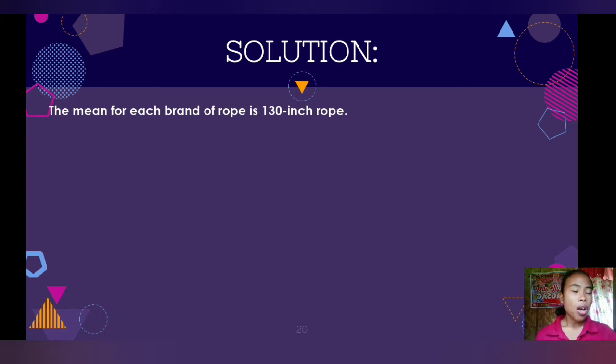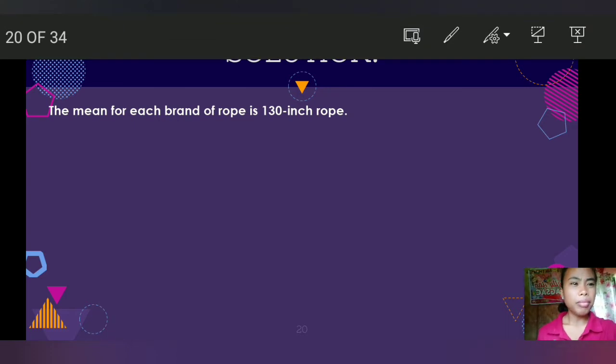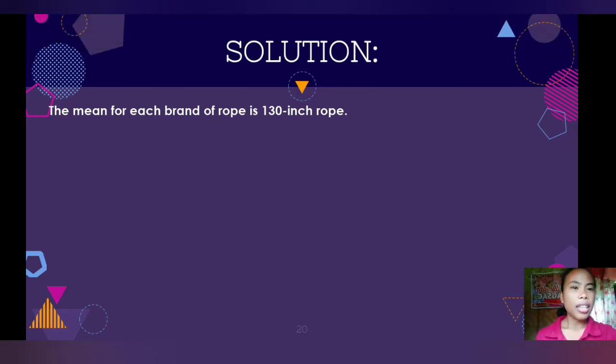So how do we come up with 130-inch roof? We have to add all of the given values of each company. For example, in Trustworthy, we have to add all of the given values, then divide by the size number, then the result is 130.